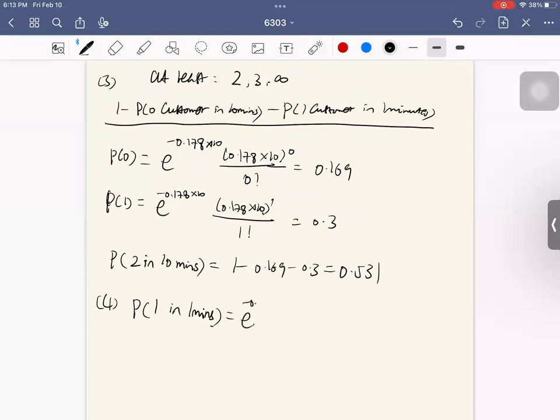We just plug in the numbers, with T equal to 1, and the event is 1. After calculating that, we get the result 0.149. That's pretty much about question 5. So I'm going to stop here.